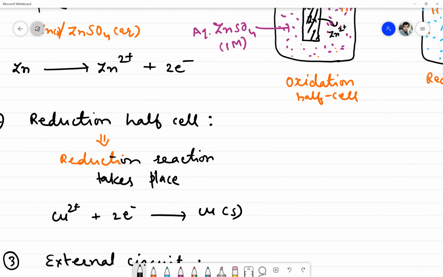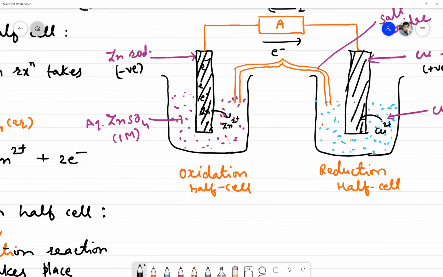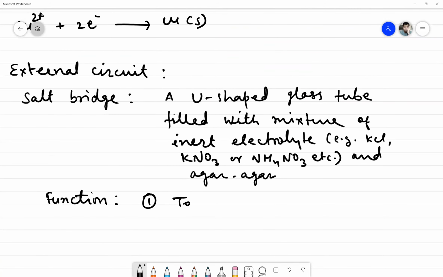Here you can see these two liquids are connected without mixing. So the main function of this salt bridge is to complete the internal circuit.